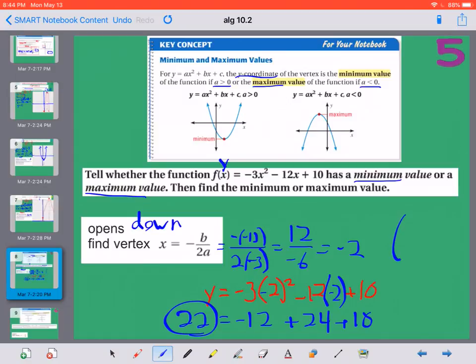So our coordinate is -2 and 22. So let's see if this is a minimum or a maximum. Well, it opens down, so that means my graph is going to be opening down like this, which makes it that I have a maximum. And then that maximum value is 22.